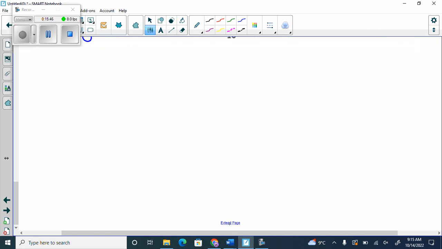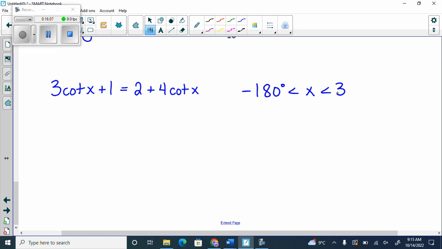What if I give you this? And it would say solve. When it says solve, ultimately I need trig ratio equals something, correct?